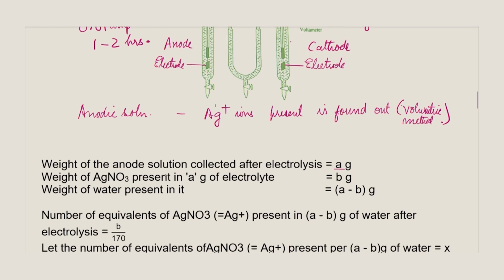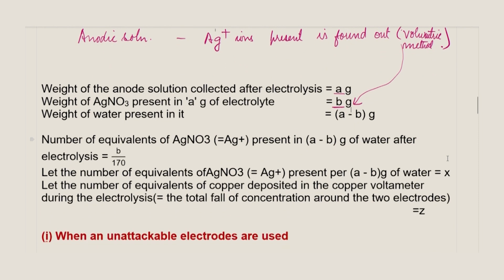The weight of silver nitrate present in a gram of electrolyte, let that be b gram, is what we obtain from volumetric titration. So, the weight of water present in it is equal to a minus b gram.